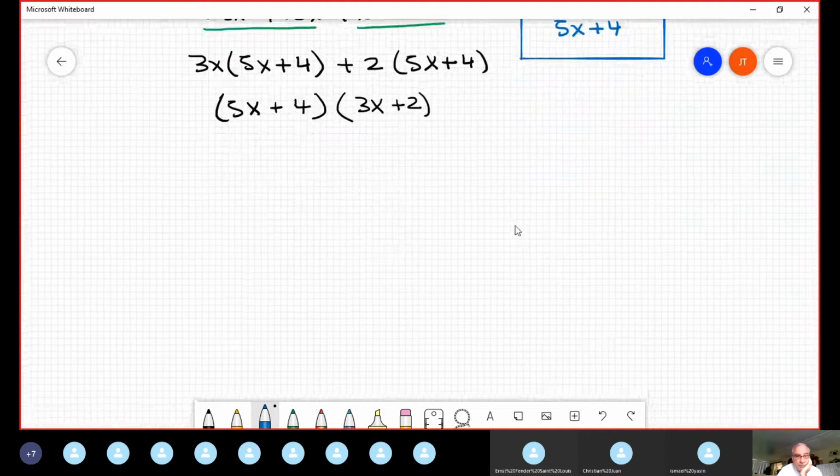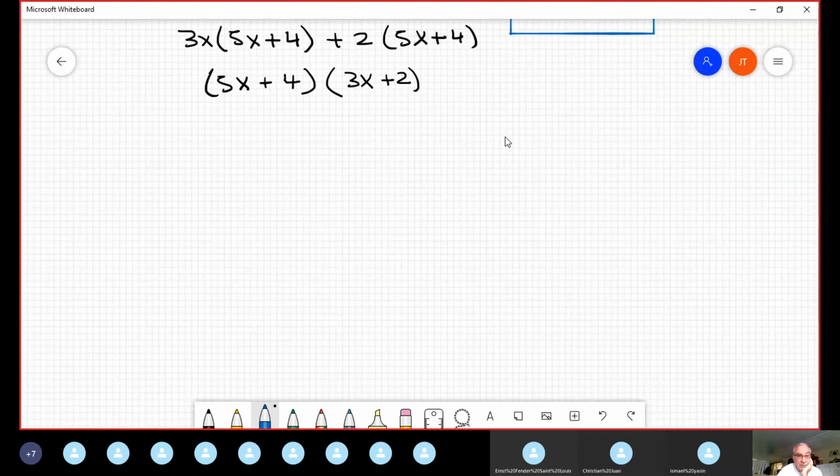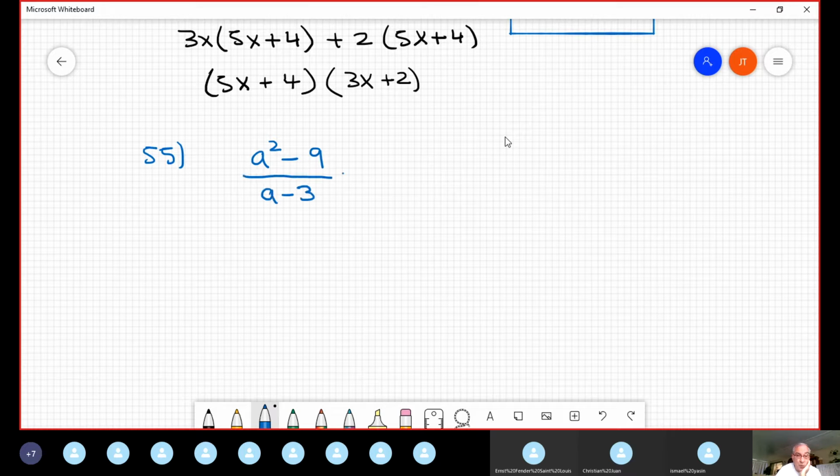55. 55 is easy in my opinion. Look at that. It's a squared minus 9 divided by a minus 3. Identification of the top expression. What is that? You know very well.